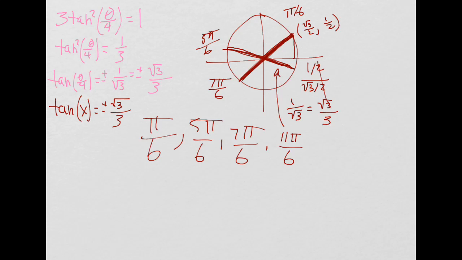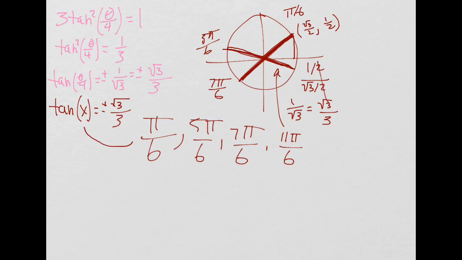Yay, we're so good. And do you remember a second ago where I said, and we're done, yay, we're so good? I was jumping the gun, because we're not done. Those are the values of theta, or x, that equal plus or minus root 3 over 3 for tangent. But again, we started with tangent of theta over 4. So I like to think of it like this.